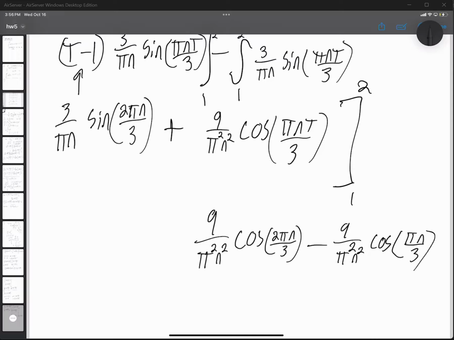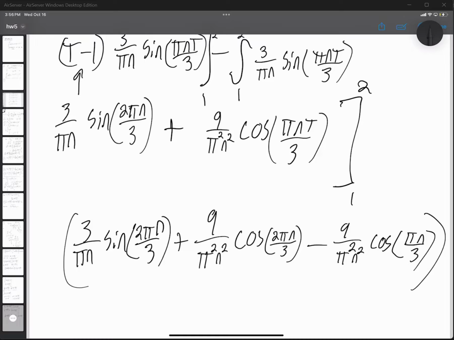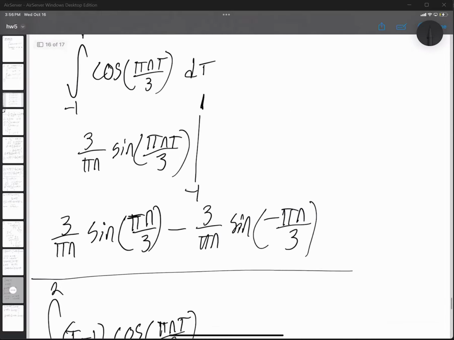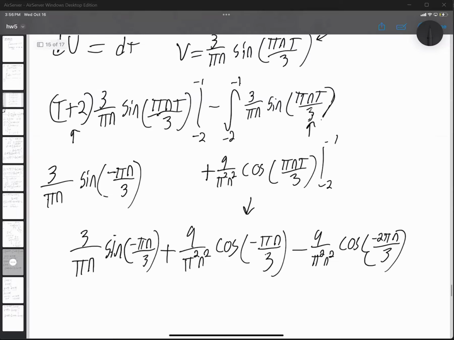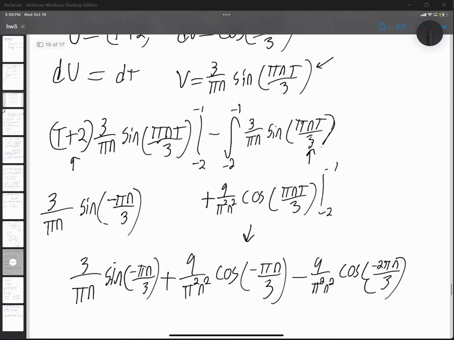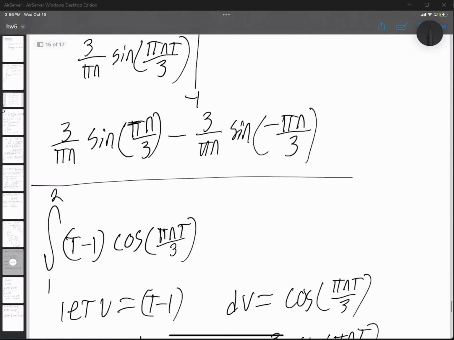Plus, okay, and then we'll multiply this whole expression by what was it again? 2 over 6, which is 1/3.